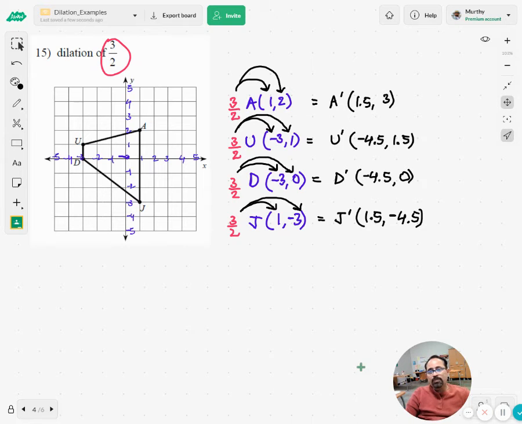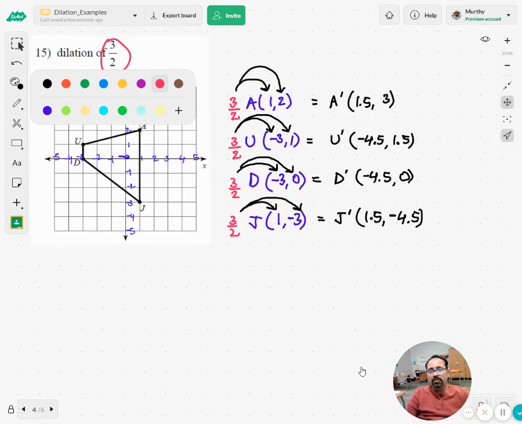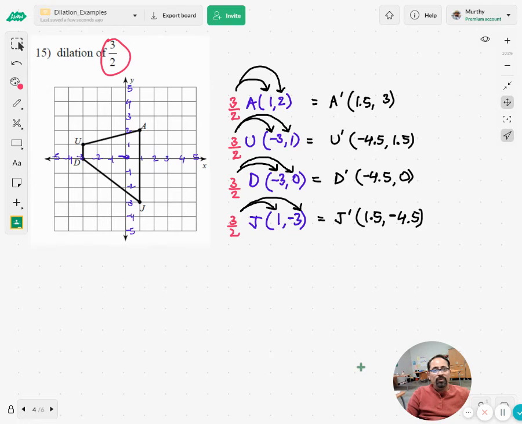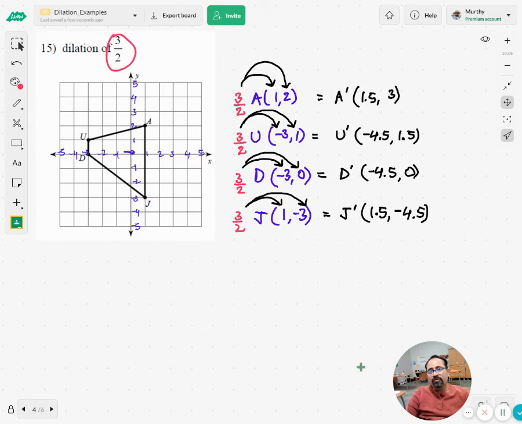Now, let's plot all these points on the coordinate plane. First one is A prime, which is (1.5, 3). So on the x-axis between 1 and 2, and the value of y is 3. These two are meeting at this point approximately. This is going to be my A prime.